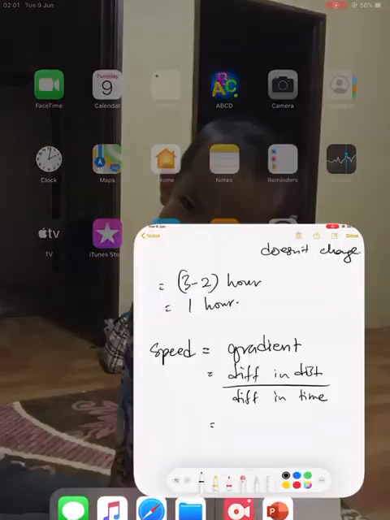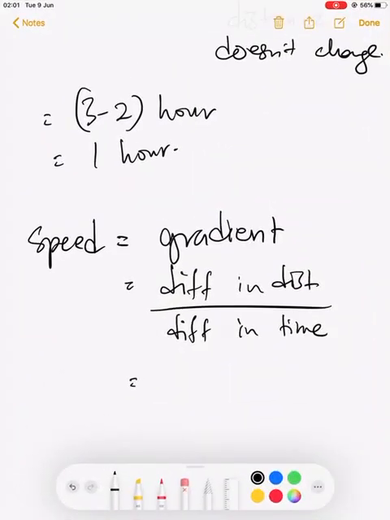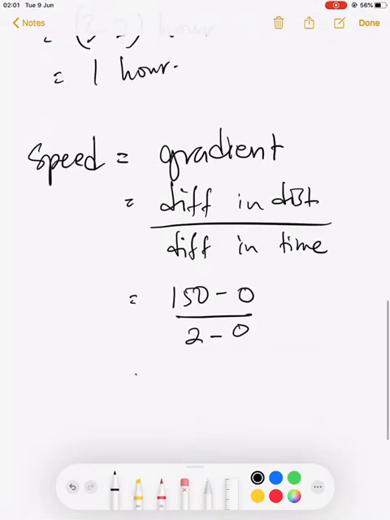So the first 2 hours, 150 minus 0 divided by 2 minus 0, so 150 over 2 equals 75 kilometer per hour. So the gradient or the speed is 75 kilometer per hour. Okay, so we are done.